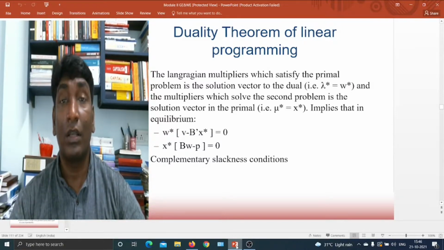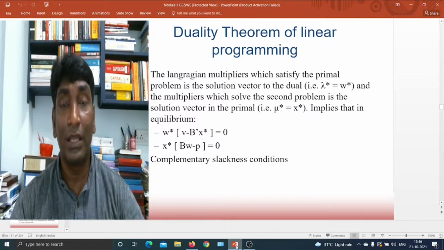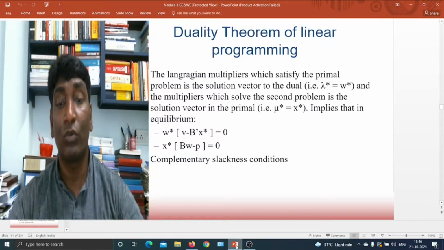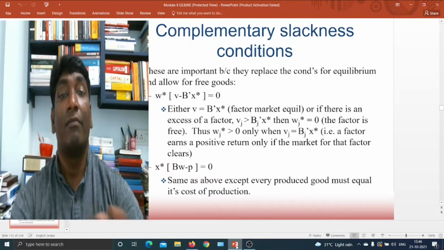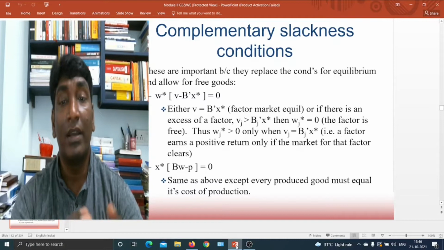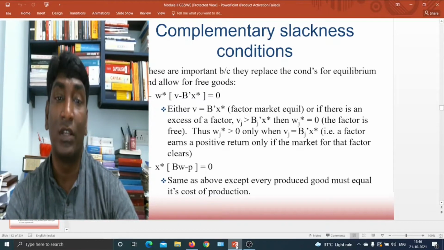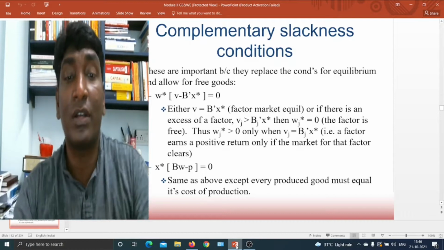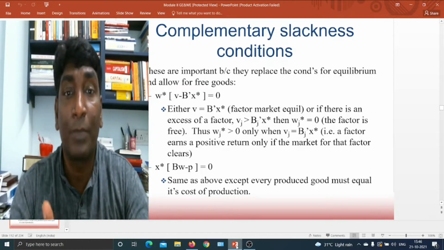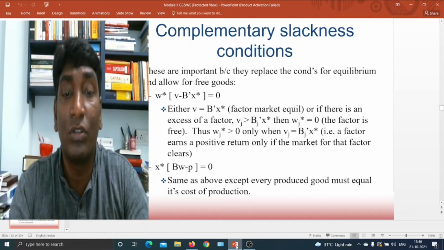We also need to keep in mind that the complementary slackness condition exists, and if that is the case, these are important conditions that replace the condition for equilibrium and allow for free goods. Then you have w star times v minus b dash x star equal to 0.